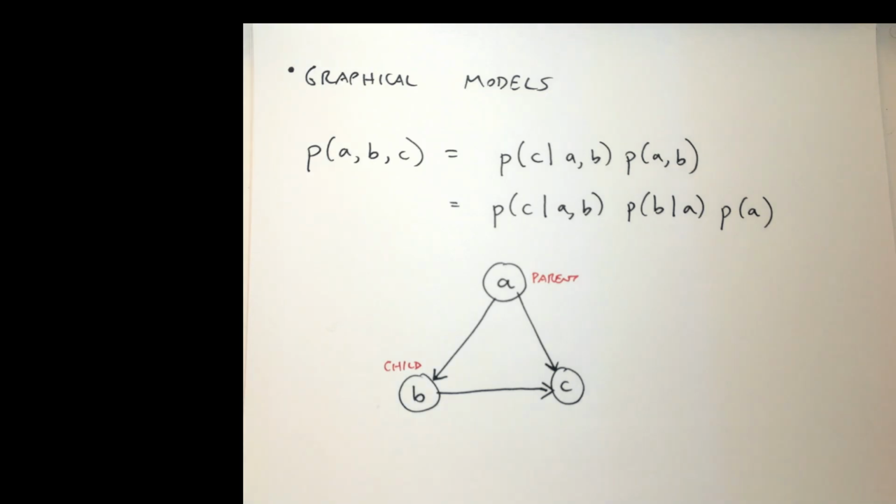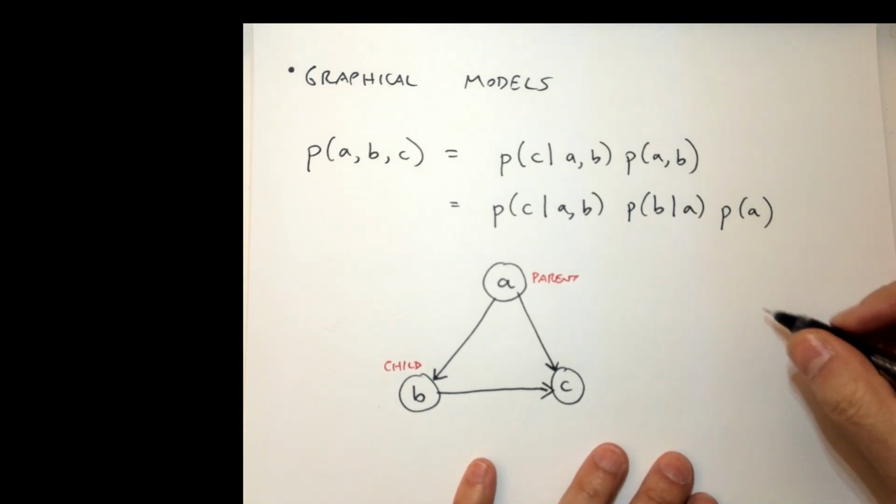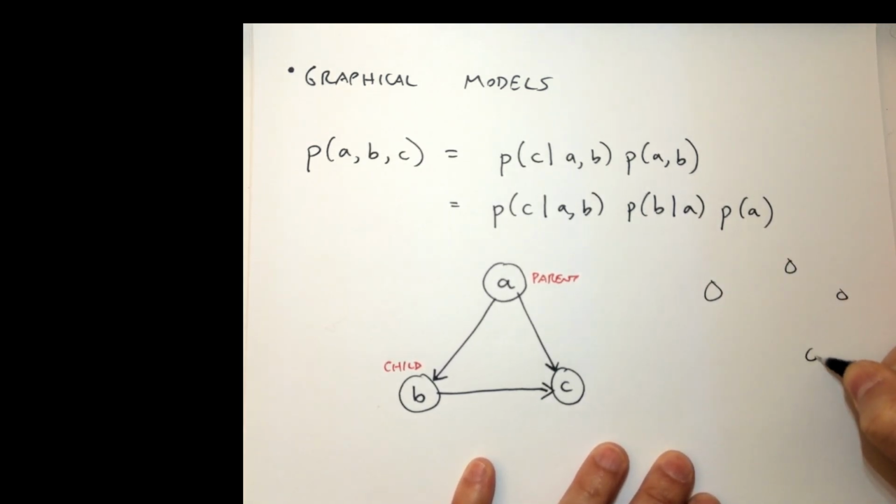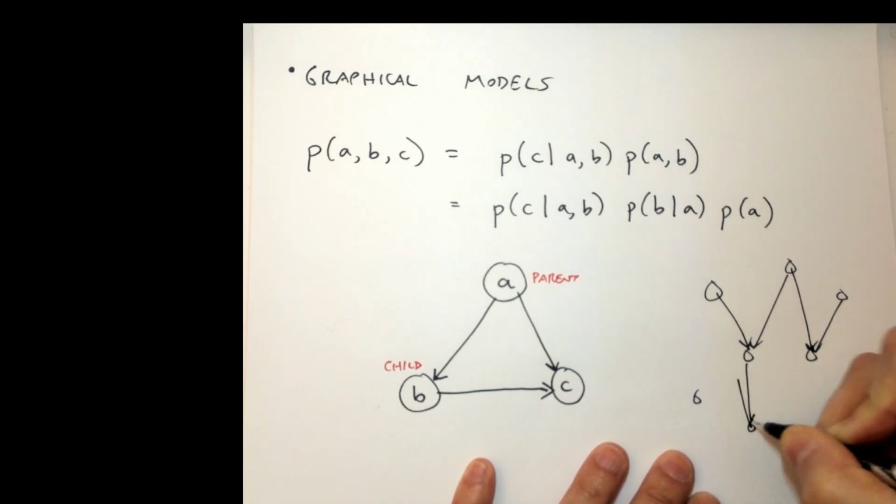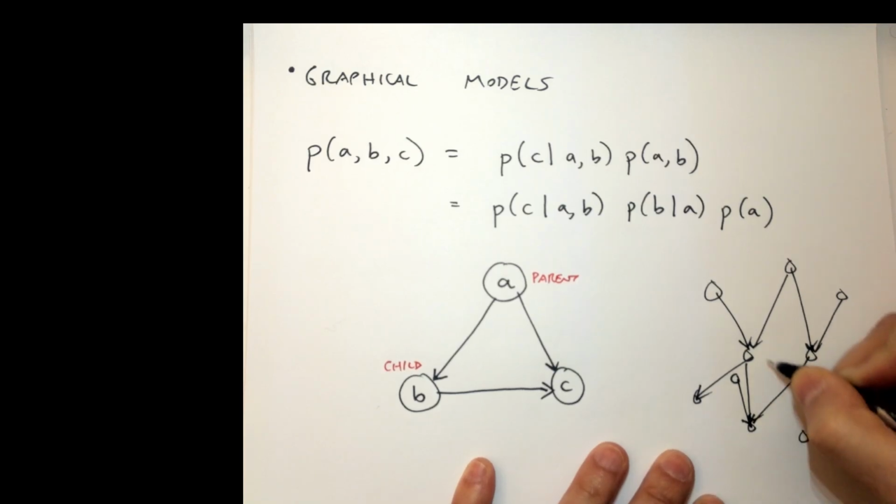And if I had more than 3 variables, tons of variables, I can imagine some super complicated model with lots of nodes. Some are parents to others. Whoa, this is a big arrow. I'll draw a node there just to make it better.